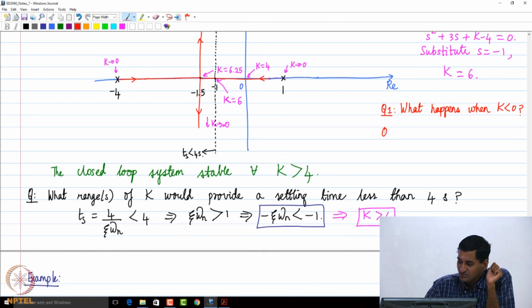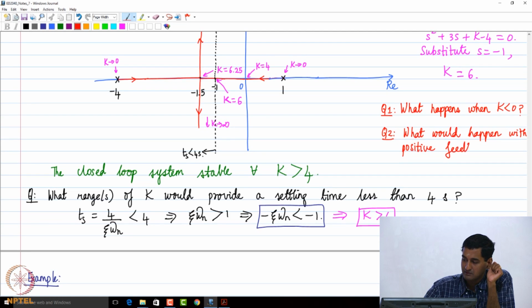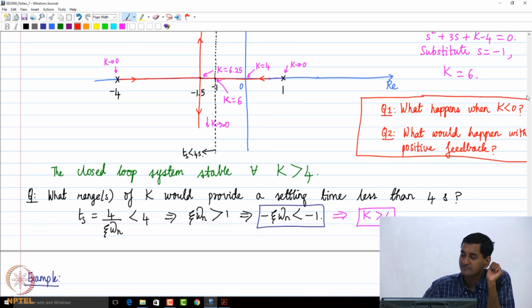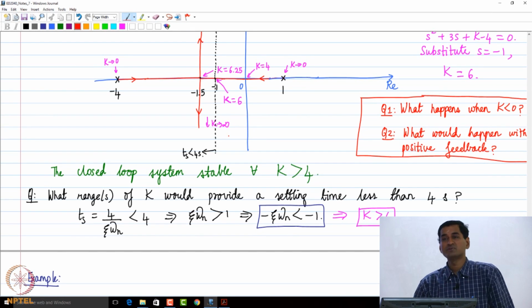And question 2: what would happen with positive feedback? We looked at negative feedback, but if we are doing positive feedback in some case, how would the steps of the root locus change?